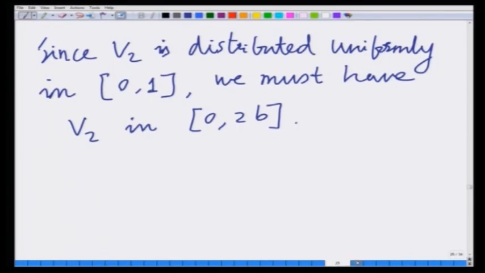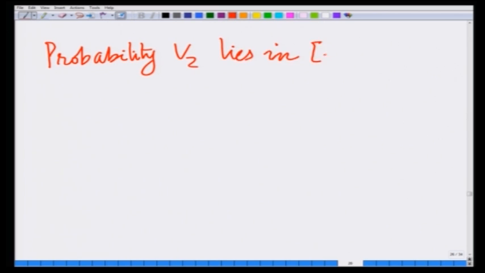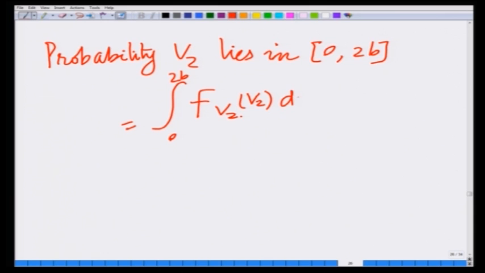The probability, remember, probability that V2 lies in 0 to 2B is equal to the integral from 0 to 2B of f of V2, that is the probability density f of V2, integrated between 0 and 2B.